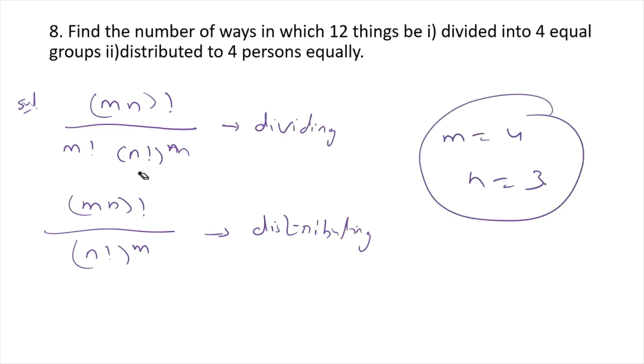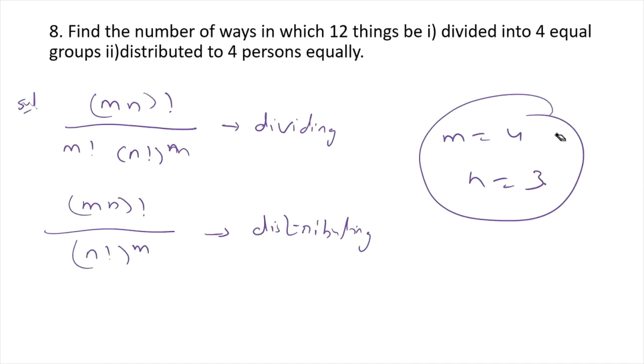So all that you have to do is remember these two formulas. Number of ways of dividing mn things into m equal groups, each containing n elements, is going to be mn factorial upon m factorial times n factorial raised to m. And number of ways of distributing mn distinct things among m people equally is going to be mn factorial upon n factorial raised to m.